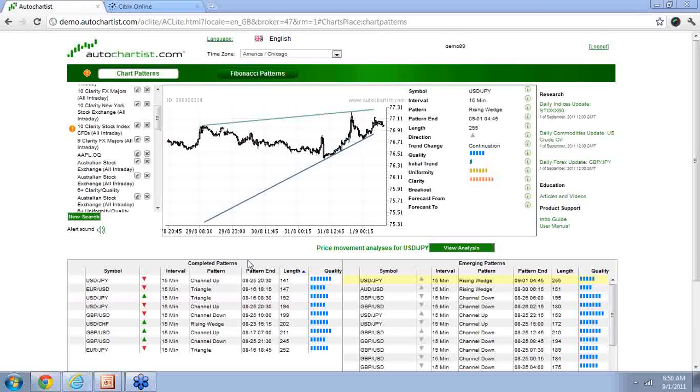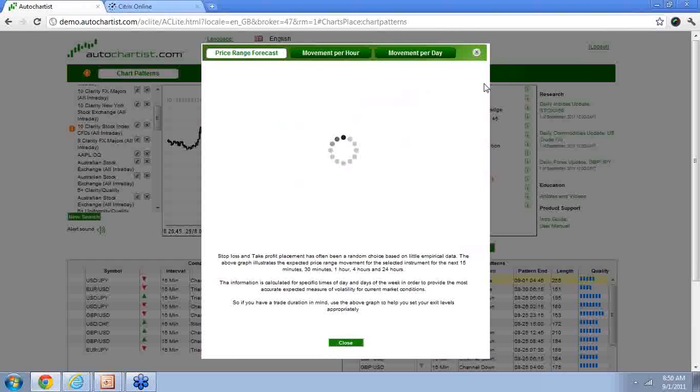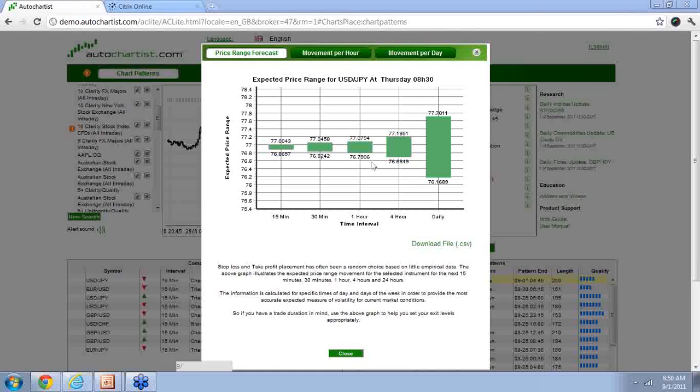And we have various tools such as, if you look here, if I click on this analysis, we have tools such as Power Stats, which shows the expected price range movement on a 15-minute, 30-minute, hourly, 4-hour, or daily basis. And this could help you set stops or help set objectives.